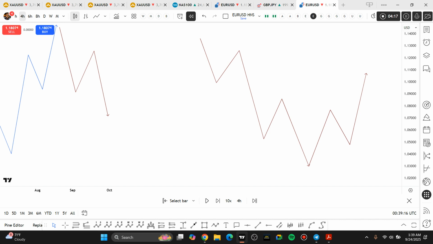Now, small corrective waves you see on hourly time frame often look tempting, but they usually lead to unnecessary loss.